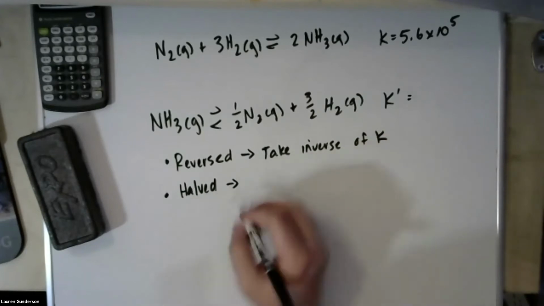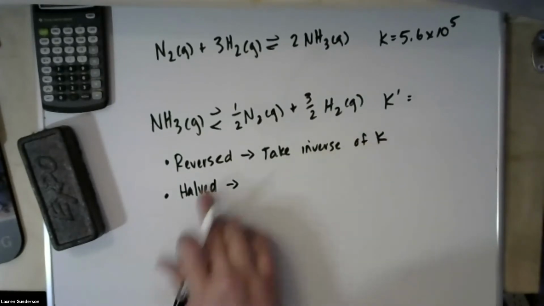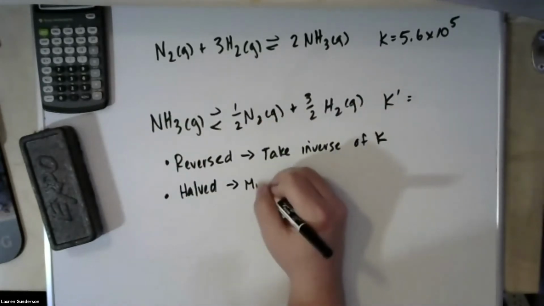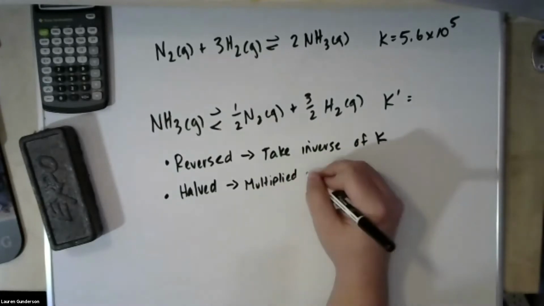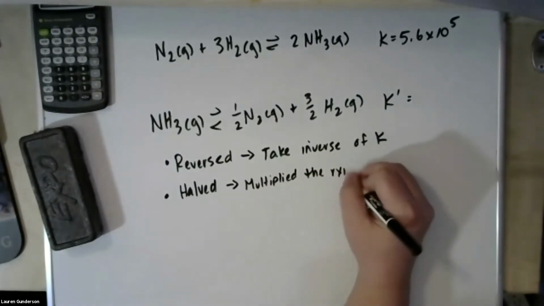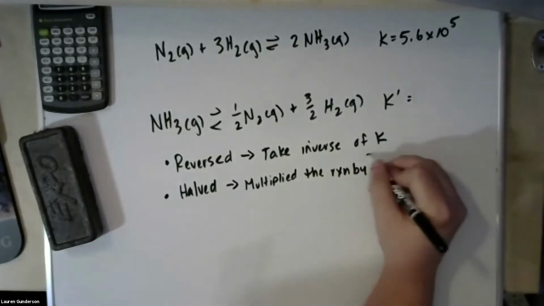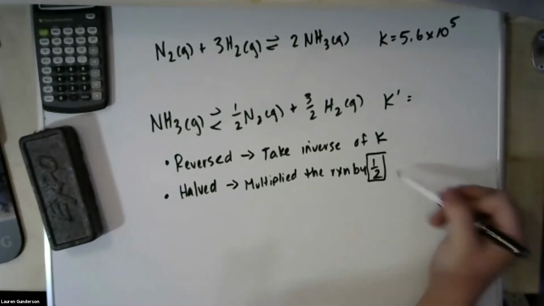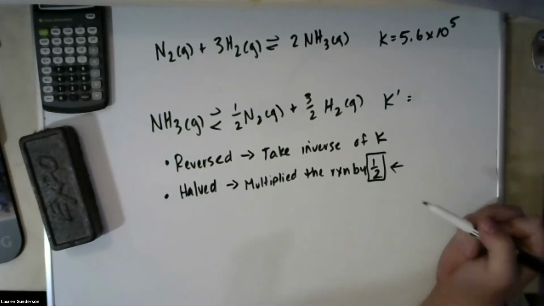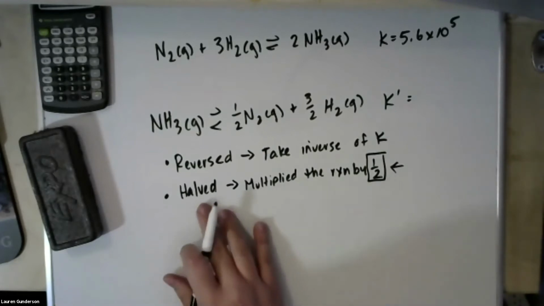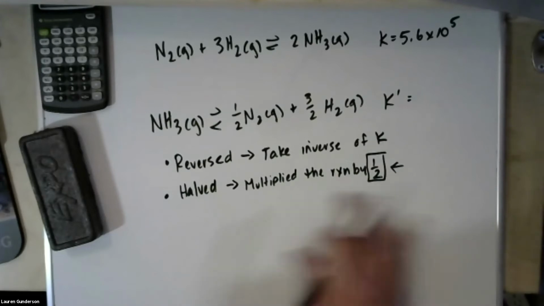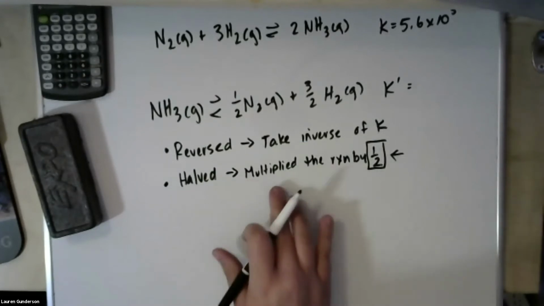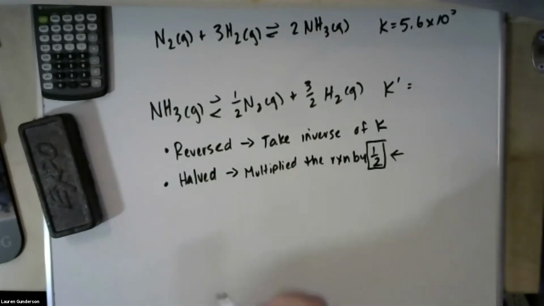So if we say, for example, that we took this reaction here, we divided every coefficient by 2, or we multiplied the reaction by 1/2, we're going to take this value that we multiplied the reaction by, and then we're going to raise our K value to this exponent. Okay, so it's a lot easier to think about what to do in this step with your K value if you're talking about multiplication versus division here.